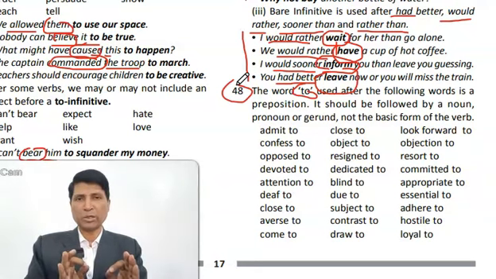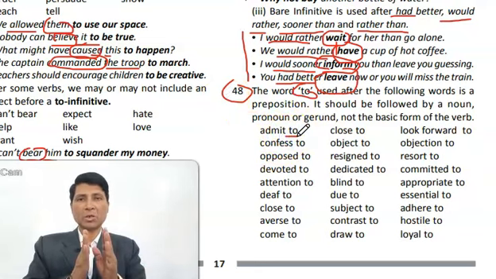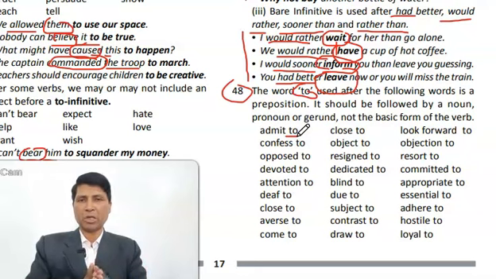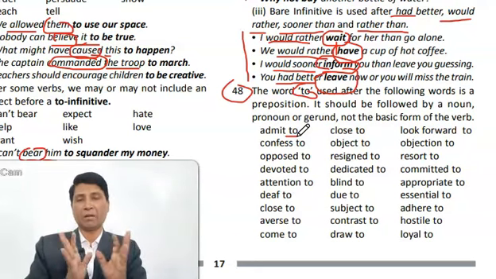The word "to" that you see here has two functions. It can be used before the basic form of the verb and it can be used as a preposition. You will have to understand its uses. So when "to" is used before the basic form of the verb, it is called a particle.